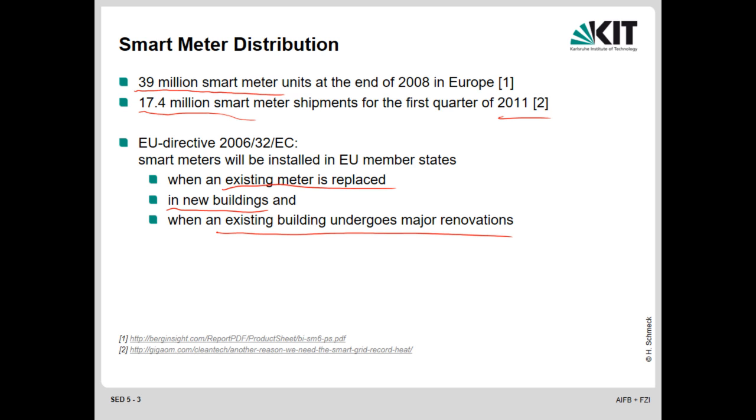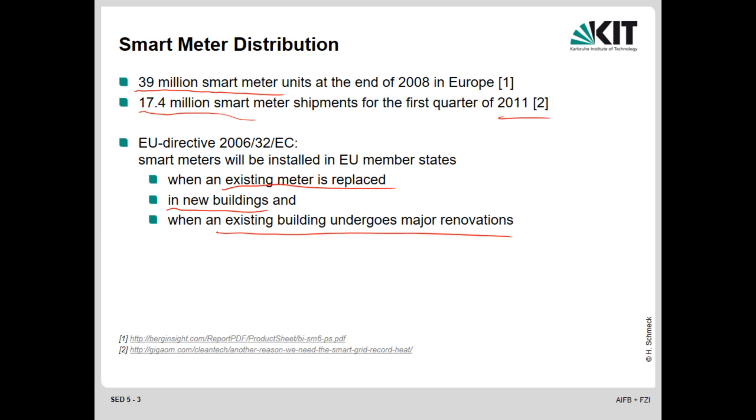In Germany, we say we don't just put in smart meters, but they have to be safe and secure. So we have come up with a protection profile, and only smart meters complying with the protection profile should be installed.